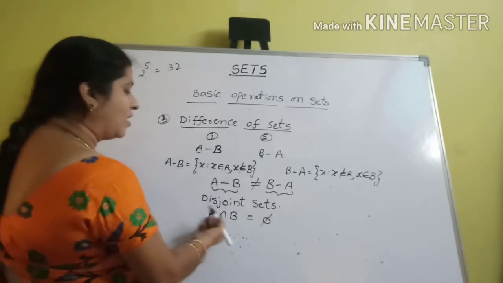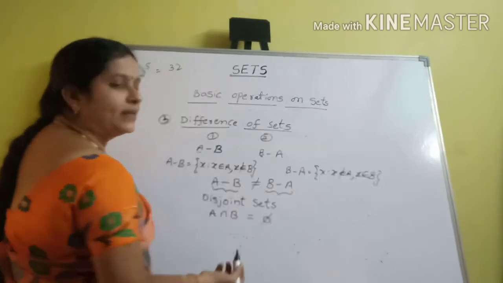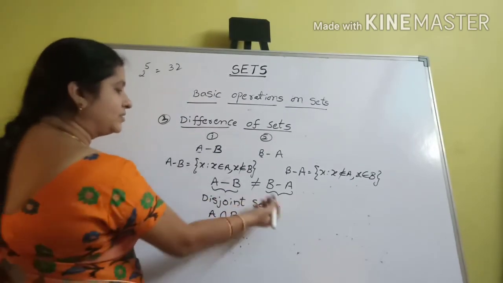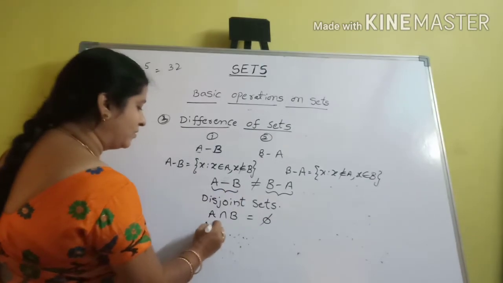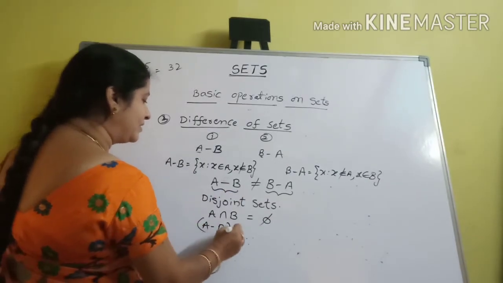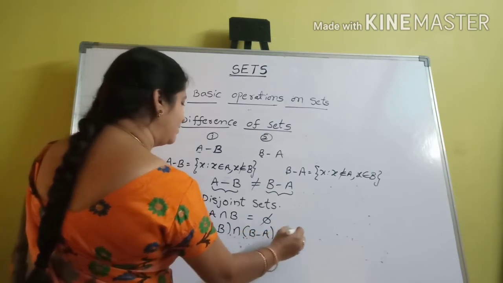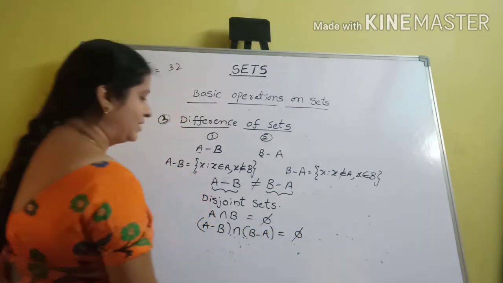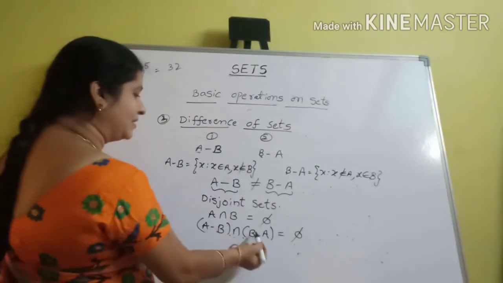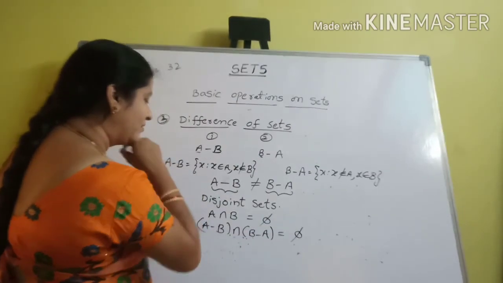A and B are not having any common elements. Those are called disjoint sets. So here also A minus B intersection B minus A equal to phi.